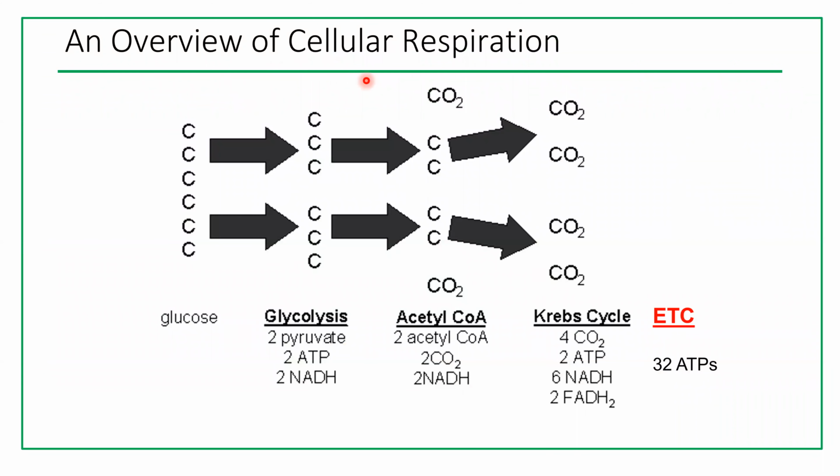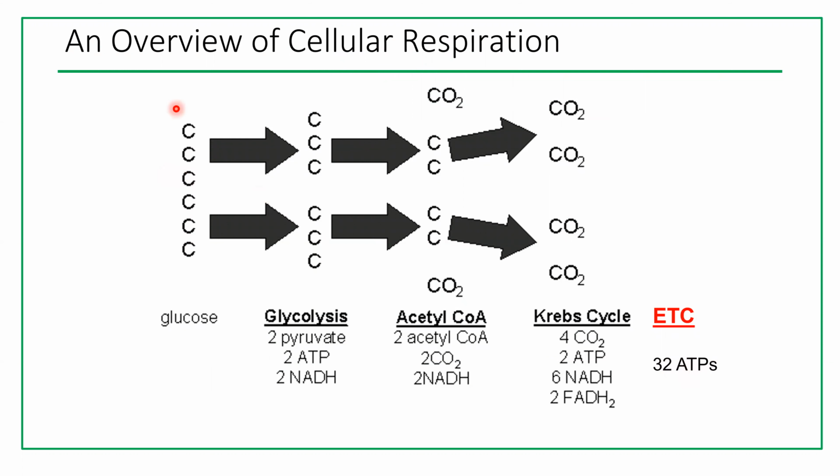So, overview of cellular respiration, very quick overview. Glucose is going to be oxidized in the presence of oxygen into carbon dioxide and water. The reason for cellular respiration is to make ATPs.